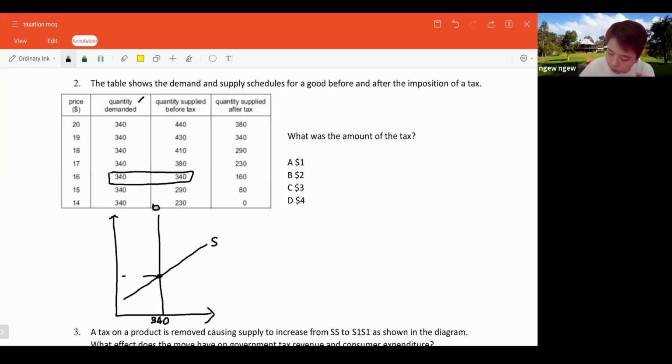Originally, your price is 16. Now, when tax is imposed, your supply curve will shift left. We need to base on the new quantity supplied and quantity demanded to find out your new equilibrium price. So at 340, the price is 19 now.